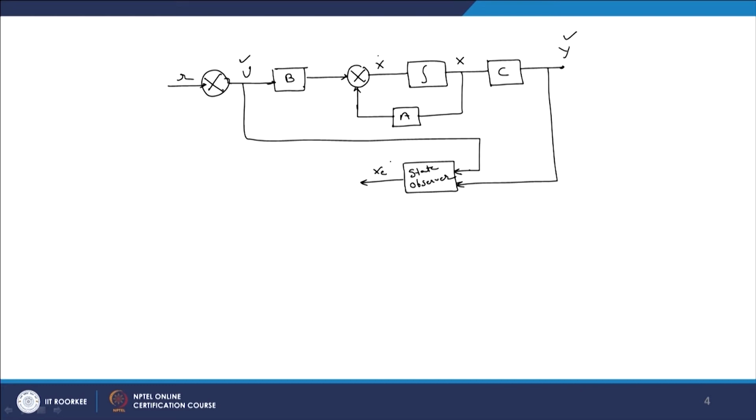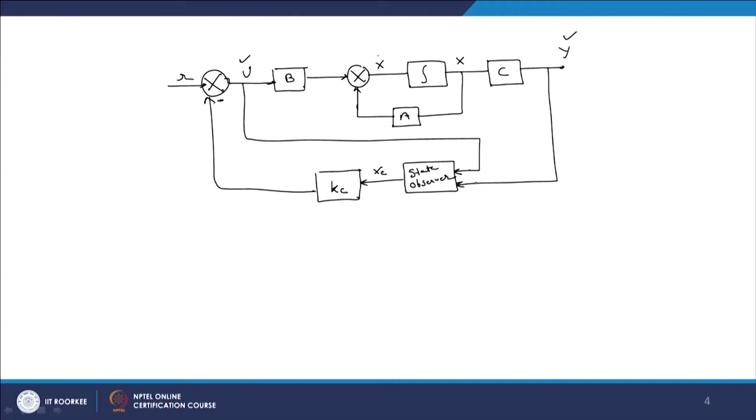x c, and here is our controller k c, and the system is completed. So now here we will find that there is a controller k c, which is useful for stabilization.